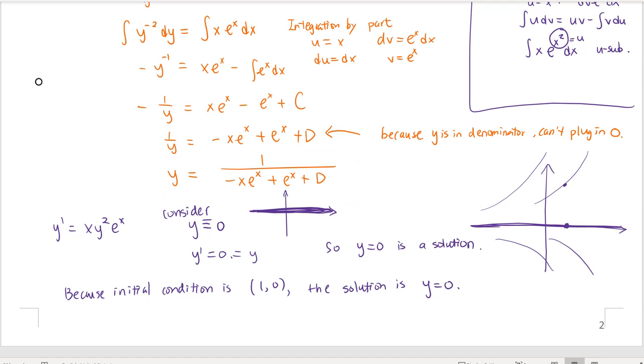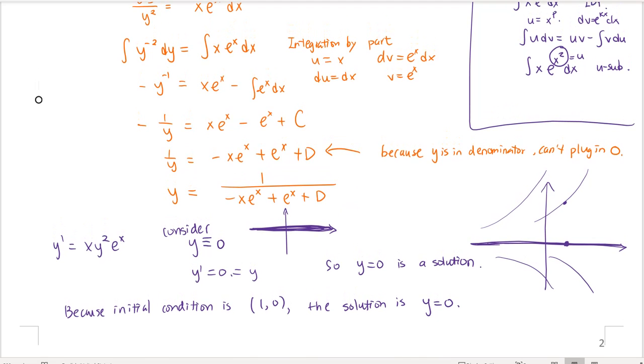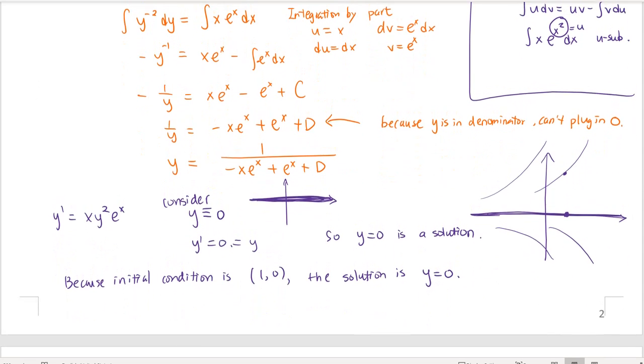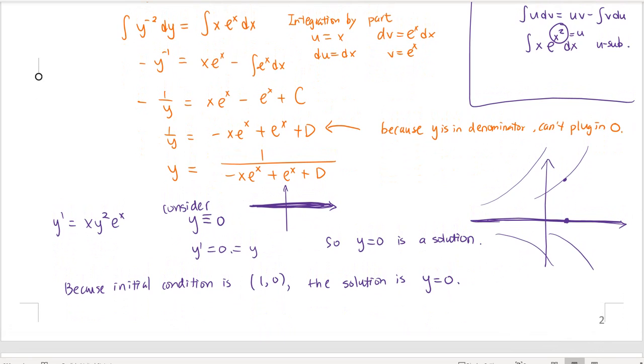Okay, last time, do you remember that for nonlinear differential equations, you might expect to see a general solution where you get a formula and a lot of functions look like this form, and some particular solutions that are not in the form of the general solutions. So those solutions are the singular solutions.